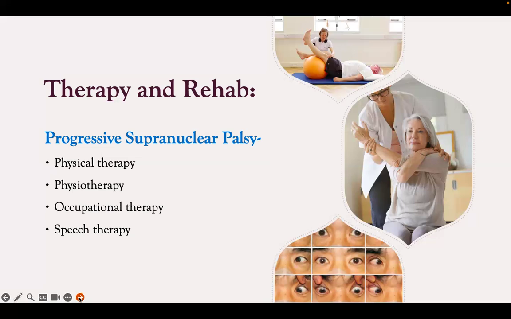Occupational therapy is used to help patients perform activities of daily living, while speech therapy is used to help improve speaking and swallowing. It also helps with facial expressions and for patients that have to use keyboards for talking.